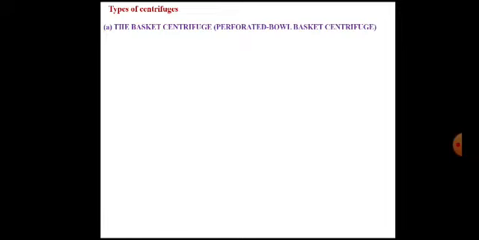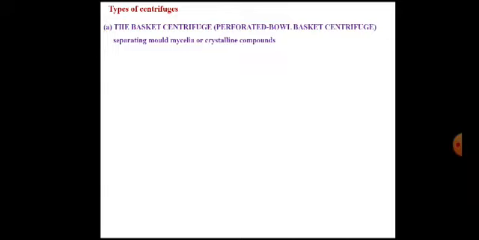Now, there are different types of continuous centrifuges which are used industrially. These types of centrifuges are as follows. First one is the basket centrifuge, also called the perforated bowl basket centrifuge.